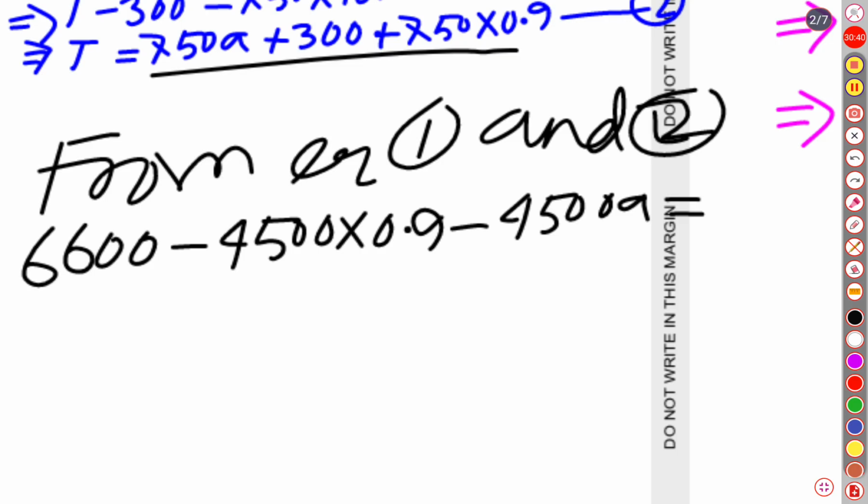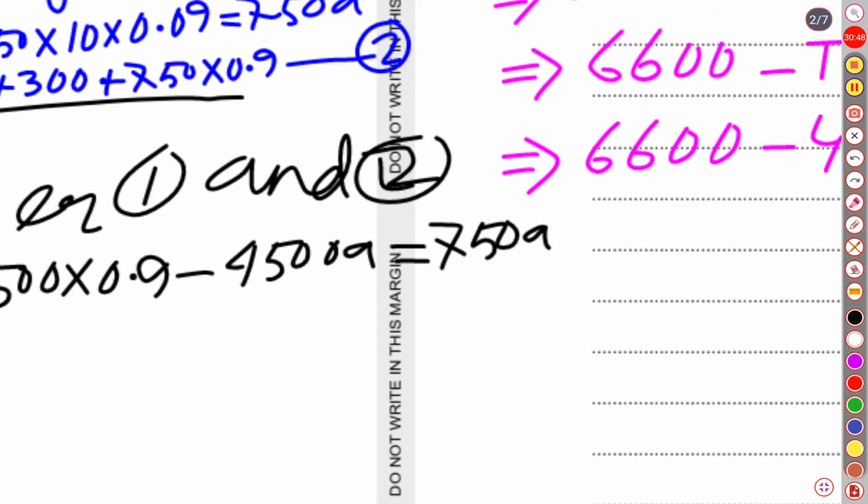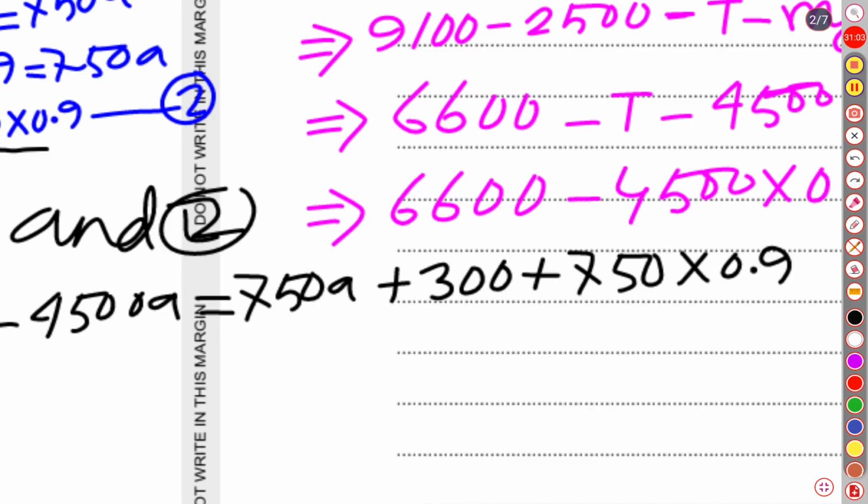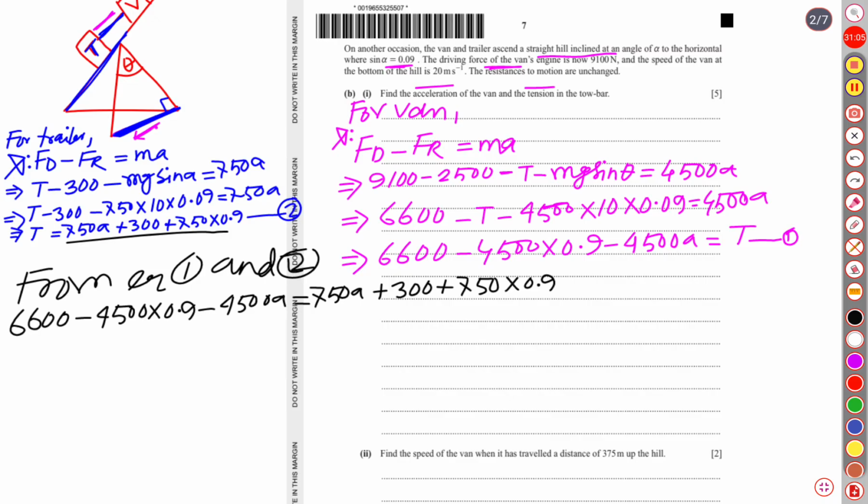Equation 2 is this one: 750a plus 300 plus 750 into 10 into 0.09. So this is the step: the two equations, equation 1 and equation 2. This was equation 1, and this is equation 2. So we have written both of the equations on the two sides of the new equation.